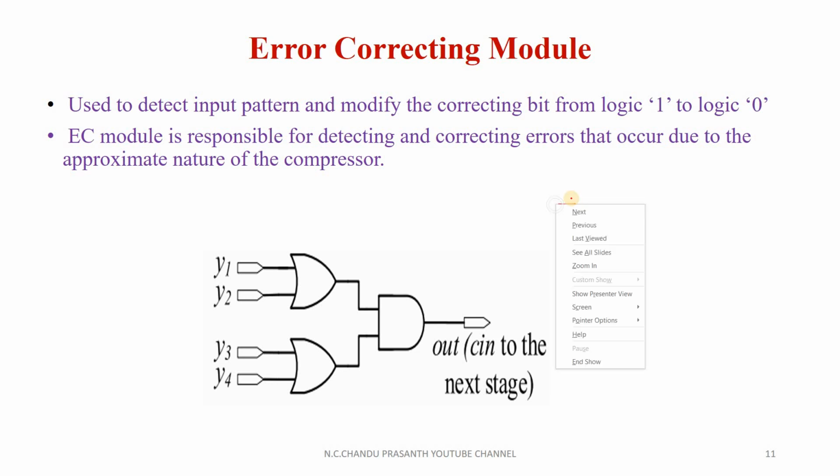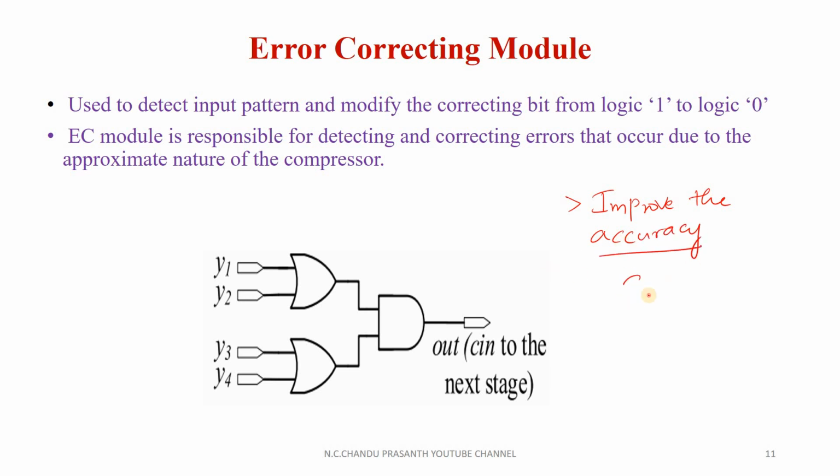So in order to improve the accuracy of the compressed output, we are using the error correcting module. It is responsible for detecting and correcting errors that occur due to the approximate nature of the compressor.